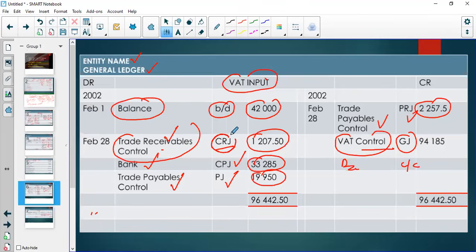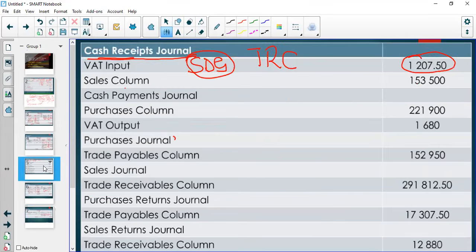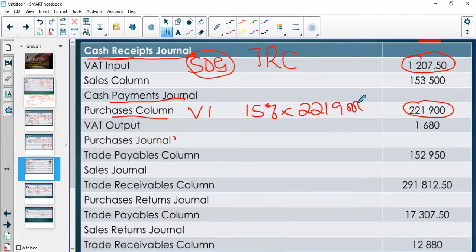It's coming from the CRJ, and then this is the amount, right? So that was VAT. Then cash payments. We know that purchases column is VAT anyway, but then purchases is recorded exclusive of VAT. So the VAT input is 15% multiplied by that. And now we have the amount.